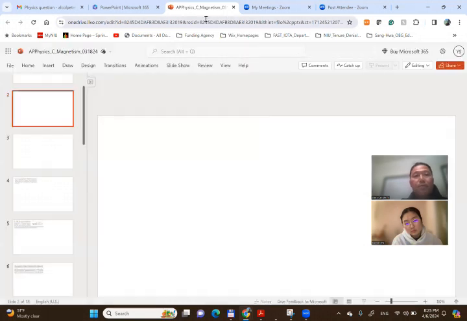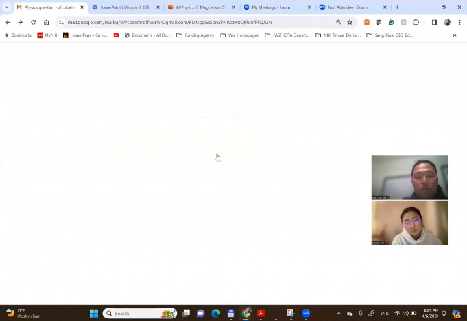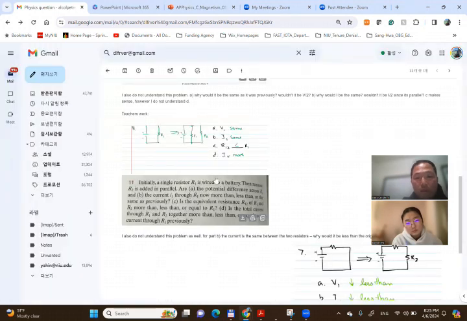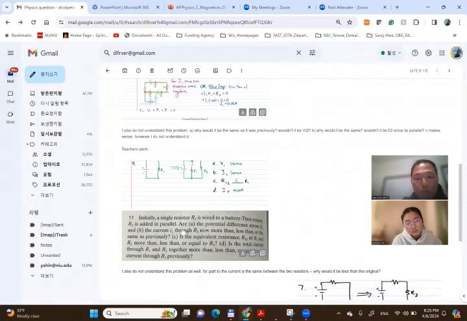If you look back at the questions, the first one was whether the potential difference across R1 and the current I1 through R1 are now less than before. V1 is the same as before, because the potential difference does not change when you add more resistance in parallel; the potential difference between those two junctions must be the same.